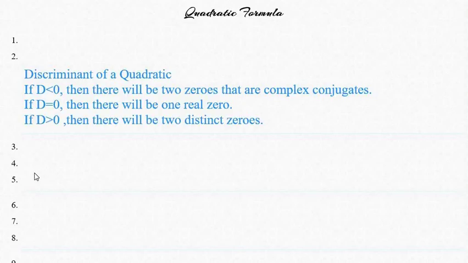Okay, let's take a look at what we got next here. We have a quadratic equation of 2x squared plus x minus 1 is equal to 0.